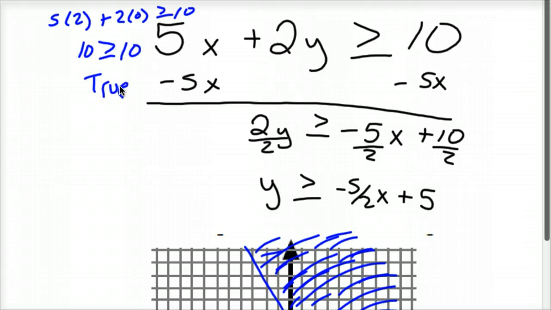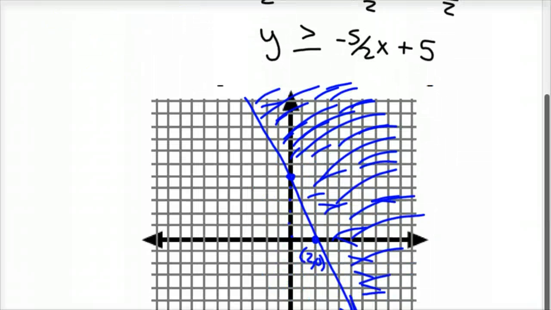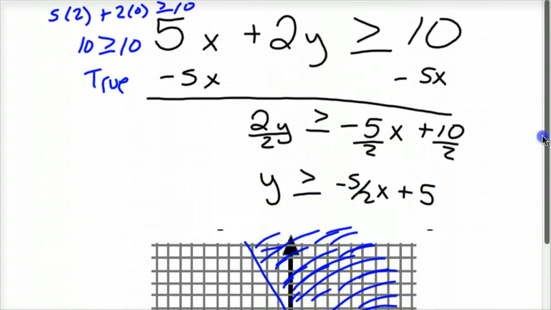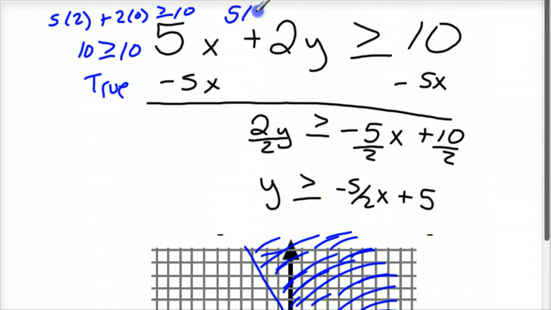But let's try 0, 0. Notice 0, 0 is right there. That should be false when we plug it in. Plug that in: 5 times 0 plus 2 times 0. Is that greater than or equal to 10? Is 0 greater than or equal to 10? No, it's not. That's false.